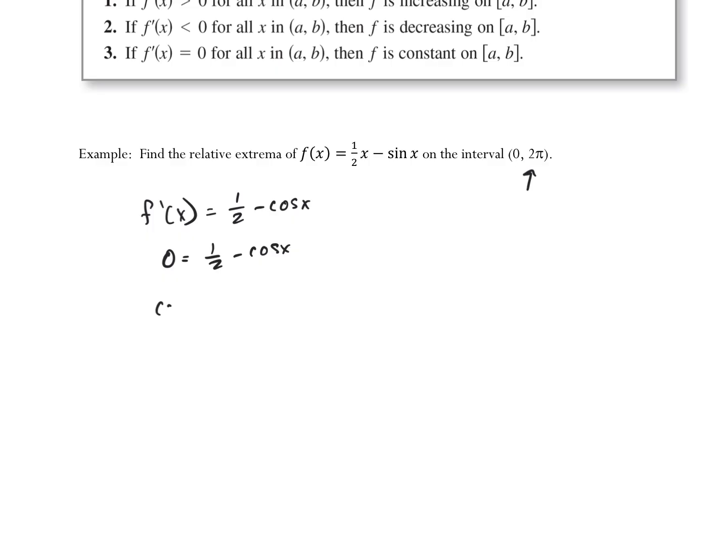If I add cosine x to both sides, I've got cosine x equals 1/2. Where is cosine equal to 1/2? Pi over 3 and 5 pi over 3.